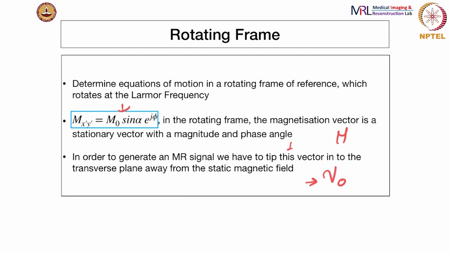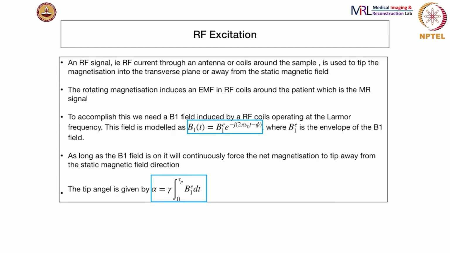How do you tip this magnetization? This is where the nuclear magnetic resonance aspect comes in. The way the tipping is done is by applying an RF signal. The energy for tipping the magnetization into the plane is provided by an RF signal. There is another coil which generates a magnetic field.